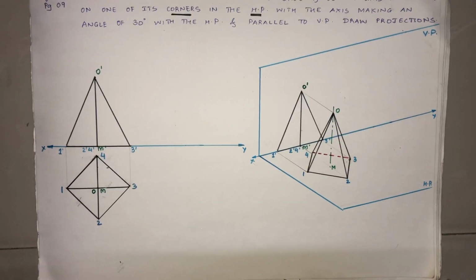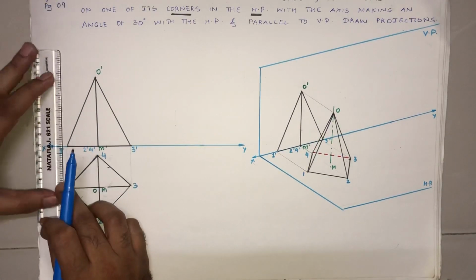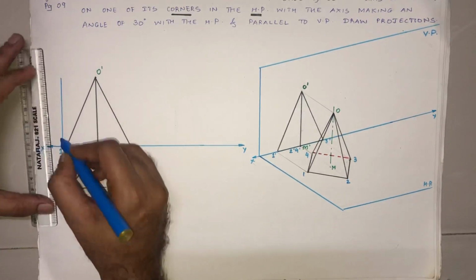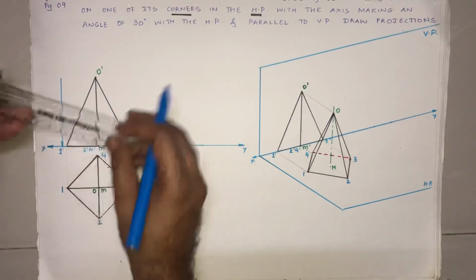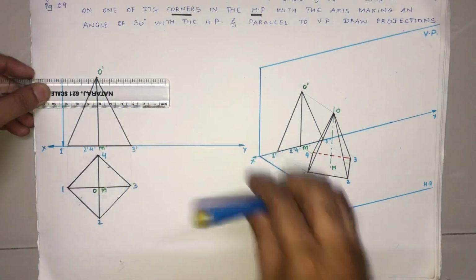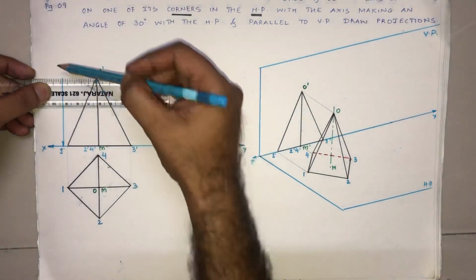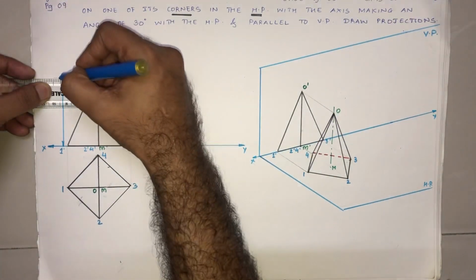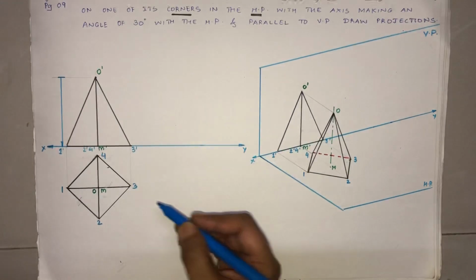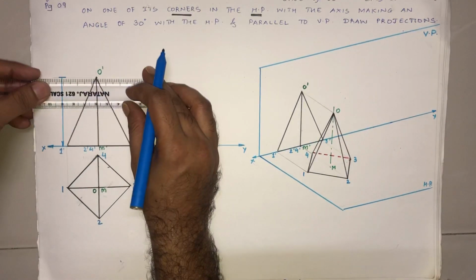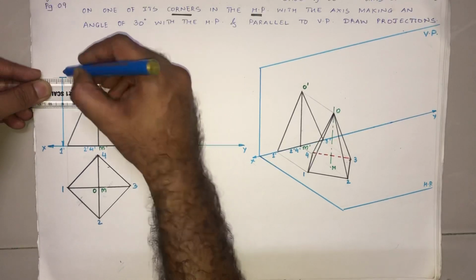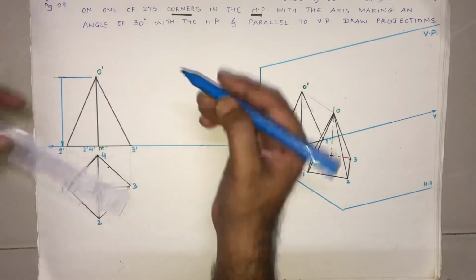Okay, I'm going to quickly dimension these. It's very important that we dimension. I'm going to use a construction line here, and then an extension line here till here.